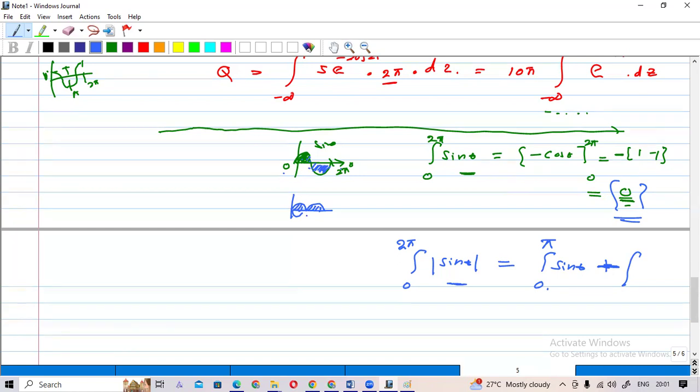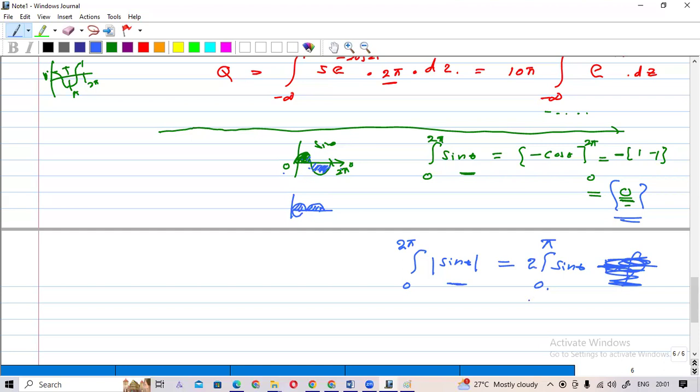That is equal to this one, so you can just have 2 here. This area and this area are added, like this.